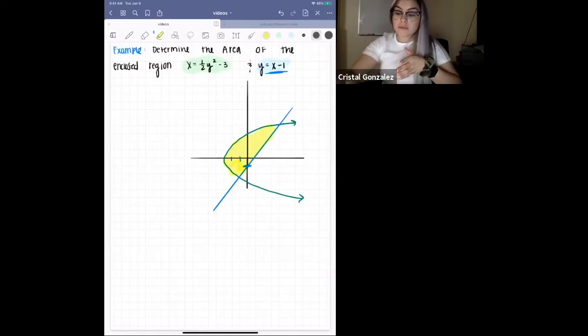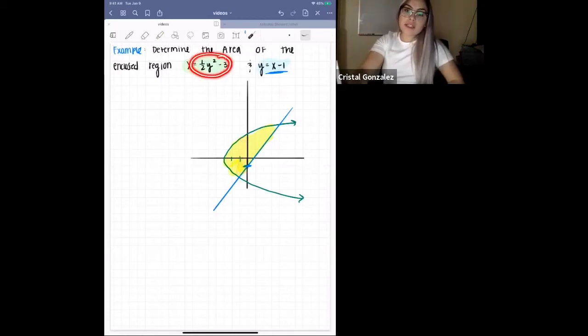And that's because if you notice, one, we're gonna have something weird here if we do that. And second, if I decide to do that, my function is in terms of y. And so if I do decide to evaluate with respect to x, then I have to make this function so that my independent variable is x. Because right here, my independent variable is y, and x is depending on that y value.